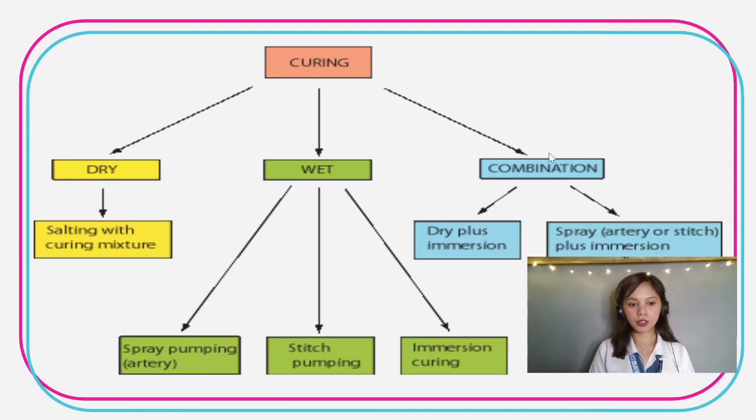Okay, June raised his hand. So, June, do you have any question? Yes. Okay, very good point. He asked if we can eat the cured meats immediately. Of course, you can cook them immediately and eat them. But I want to suggest that curing is best if you let them store for a long time.